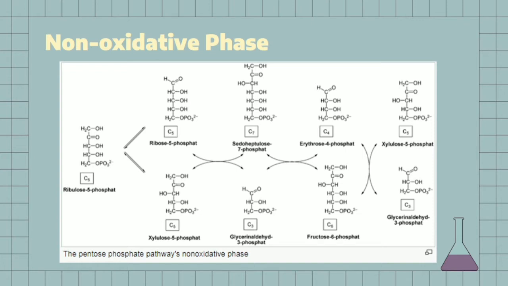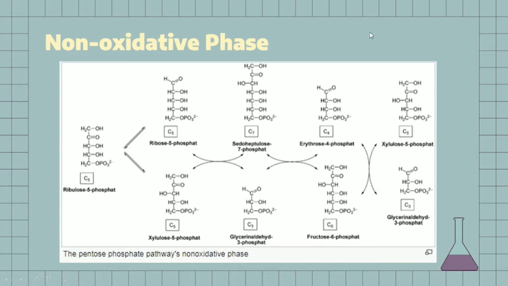It's because the enzyme of the second process will only use the stereochemistry of the xylulose 5 phosphate. The xylulose 5 phosphate will be used in the second process and in the fourth process.